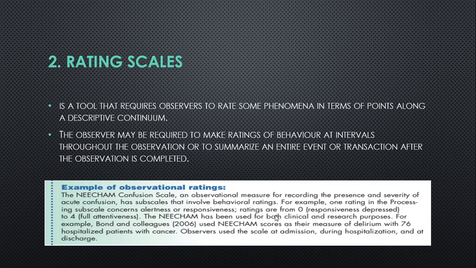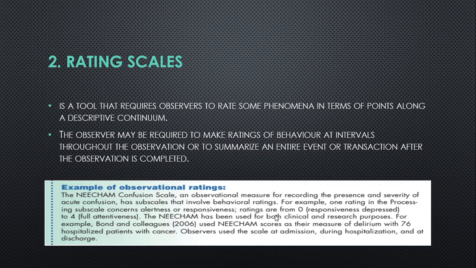Okay, an example of observational ratings is the NEECHAM Confusion Scale, an observational measure for recording the presence and severity of acute confusion. It has subscales that involve behavioral ratings. For example, one rating in the processing subscale concerns alertness or responsiveness.